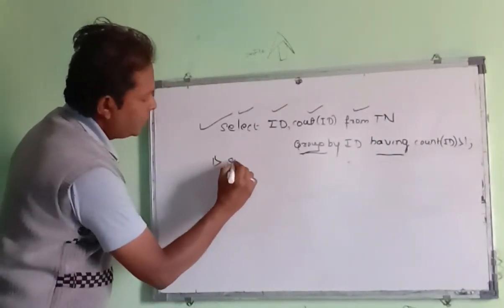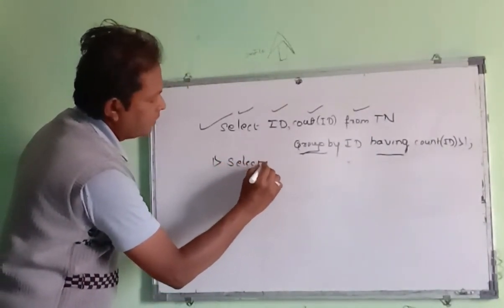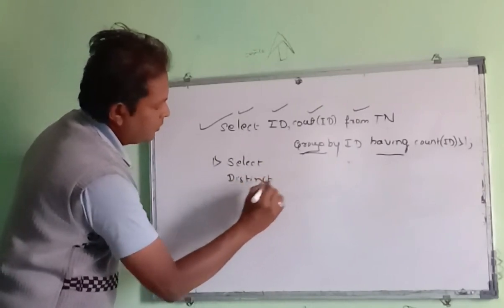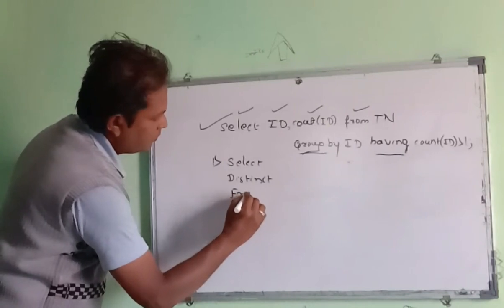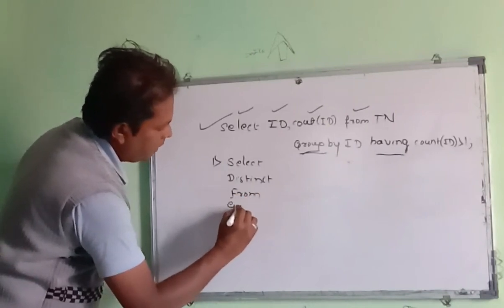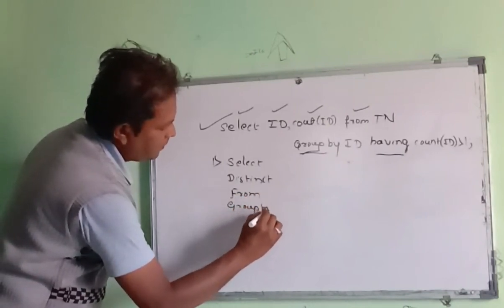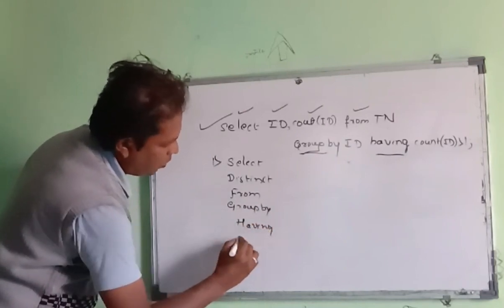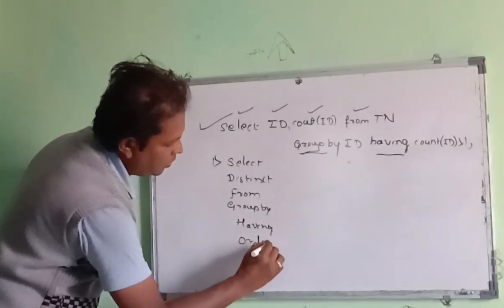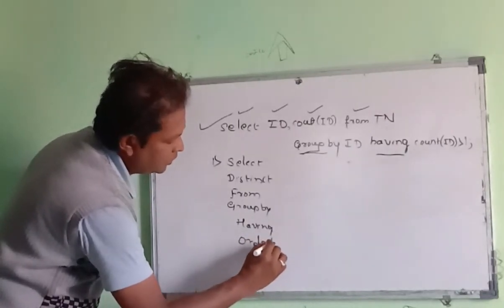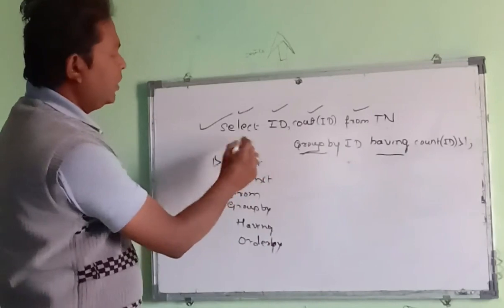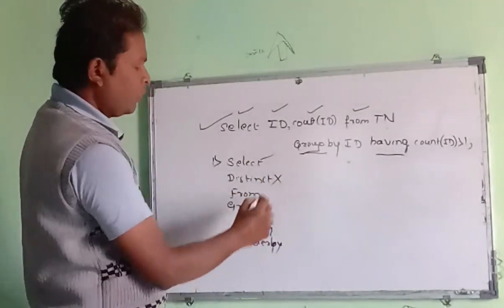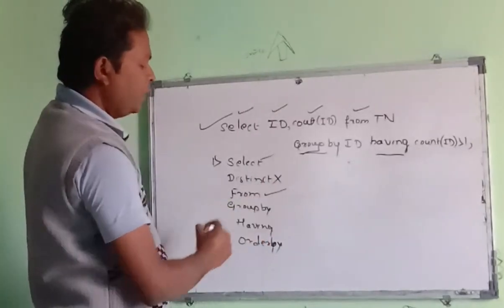First I explained already: select, distinct, from, group by, having, order by. In this query I use select; distinct I didn't use because I don't want it; and from I used.